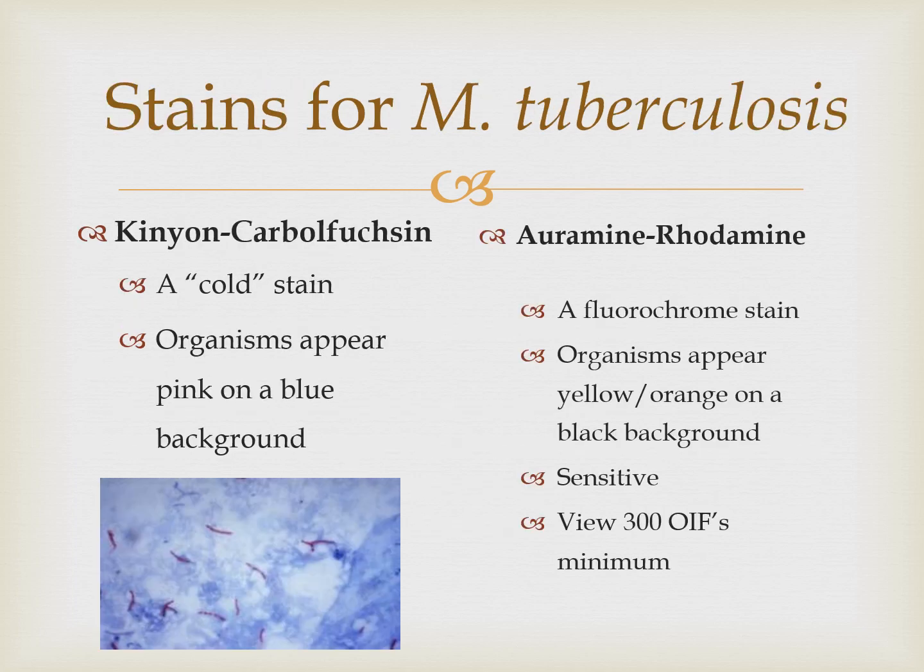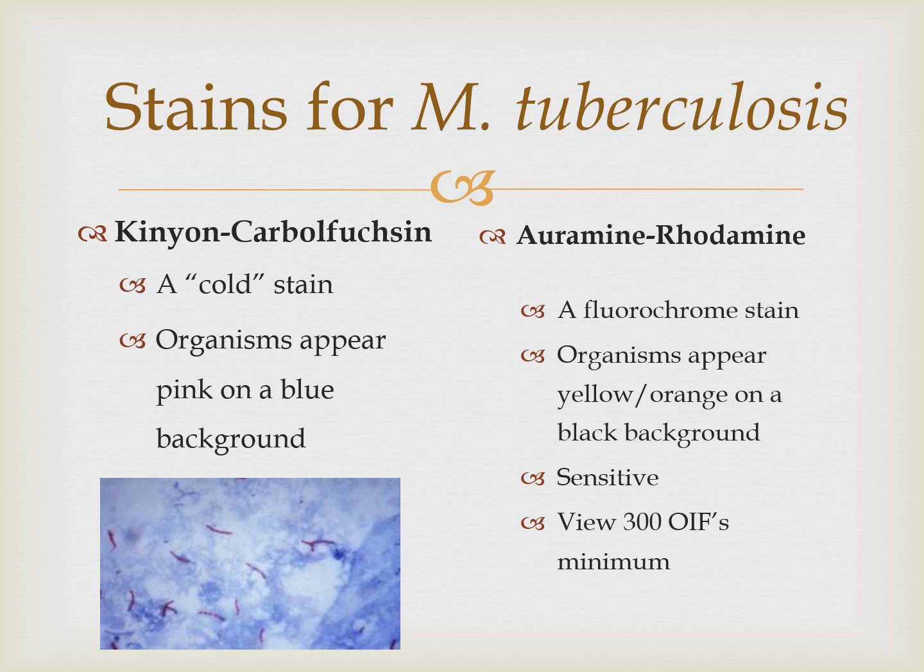Like I mentioned, there's a couple stains for Mycobacterium tuberculosis, including the Kinyoun carbolfuchsin and the auramine-rhodamine. It's usually the Kinyoun carbolfuchsin that we consider to be the confirmatory test, and the auramine-rhodamine is the initial screening test for Mycobacterium tuberculosis. Now, there are some differences between these two staining processes.